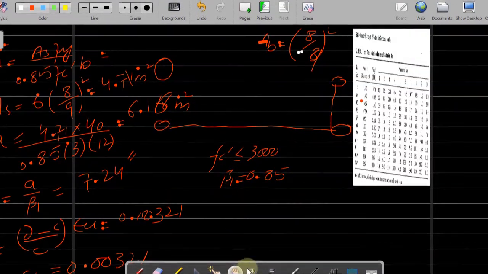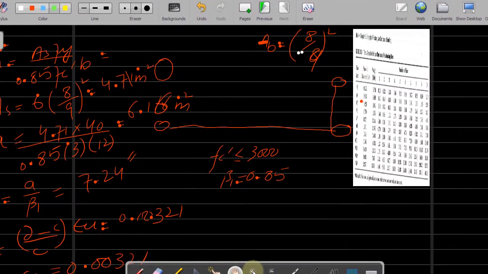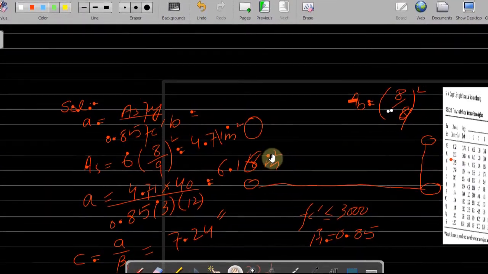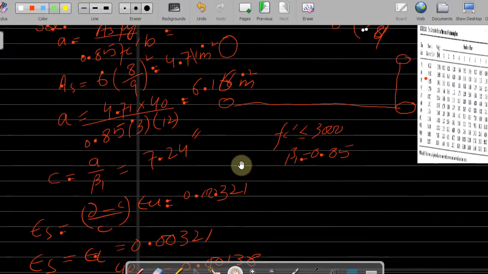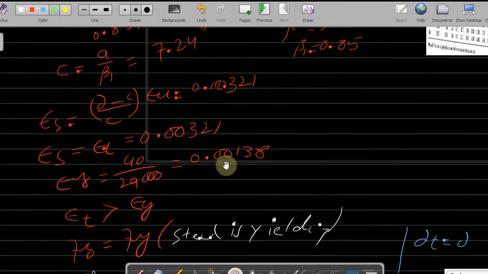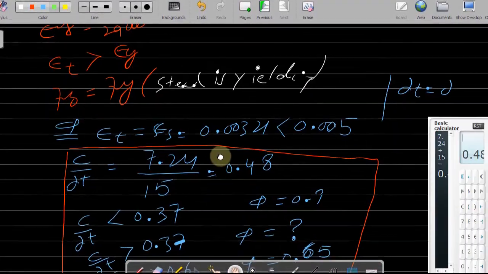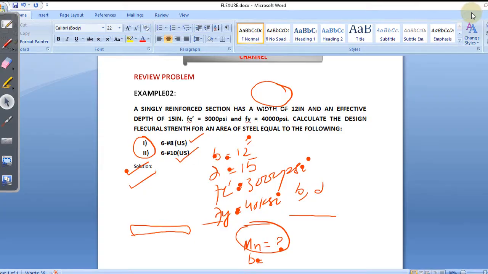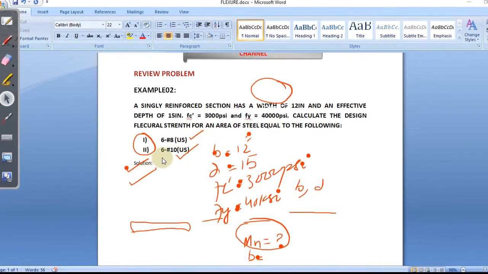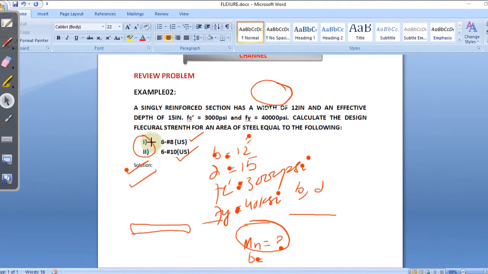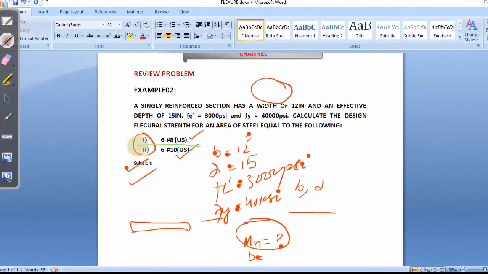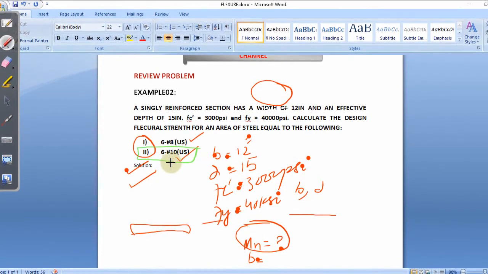In this lecture we see how to solve a review problem. We covered the first case, when we are using 6 number 8 bar. In the next lecture, inshallah, we will cover the second case, when we have 6 number 10 bar.